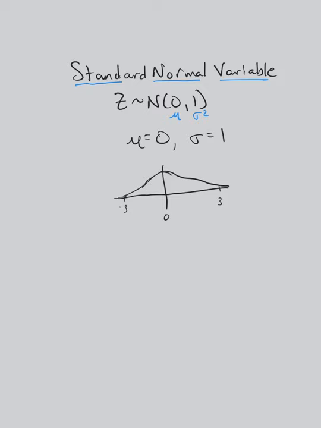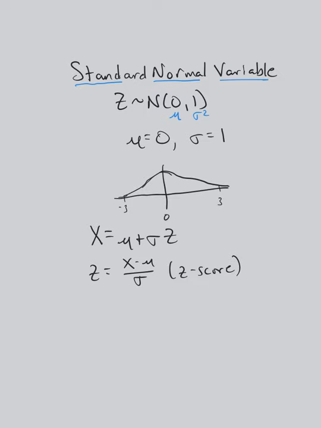If you're starting with a normal variable, then x is equal to mu plus sigma z. And solving this equation for z, this is x minus mu divided by sigma. And this is an important quantity in statistics. It's called a z-score. And so what that does, that connects the two variables.